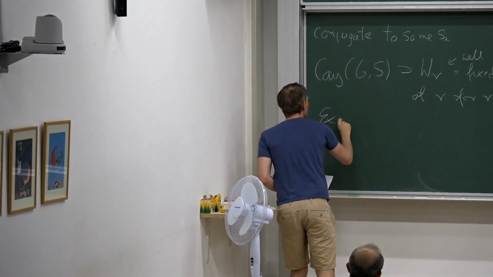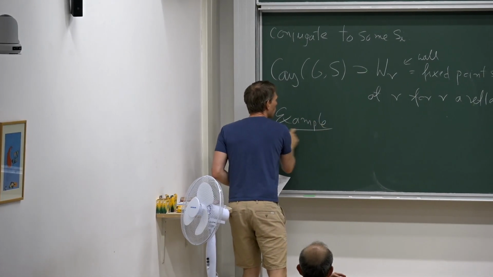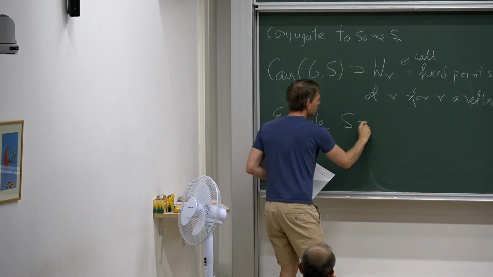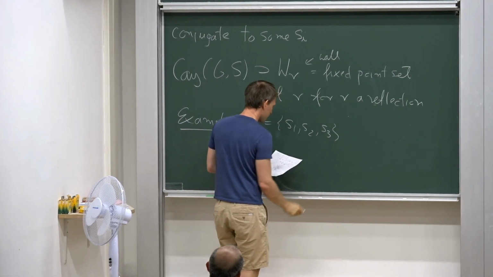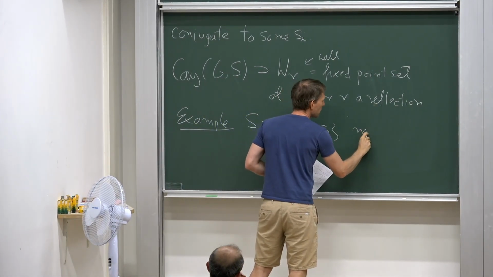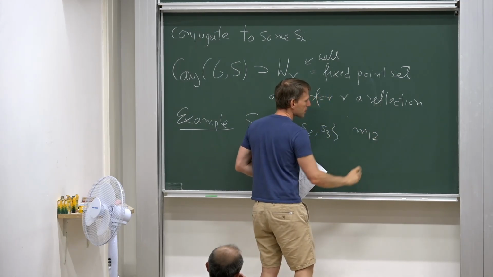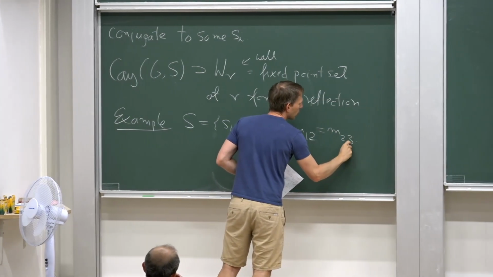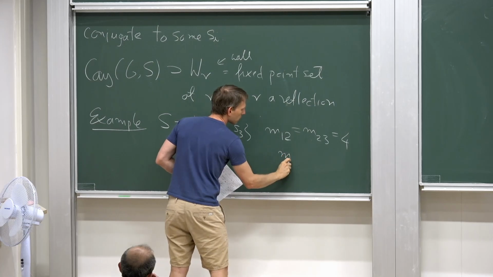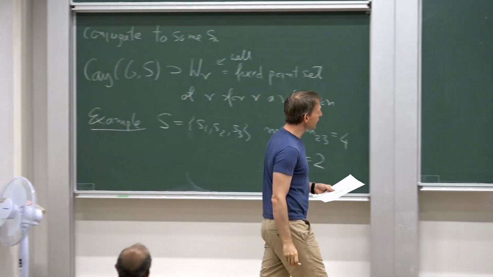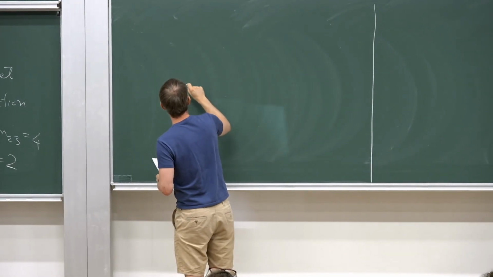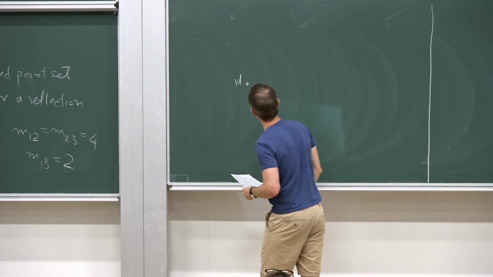The example will be with the generating set consisting of 3 elements, S1, S2, S3, and the exponents will be: the first two exponents, M1,2 and M2,3, will be equal to 4, and the exponent M1,3 will be equal to 2. So what is the Cayley graph? We start from the identity.